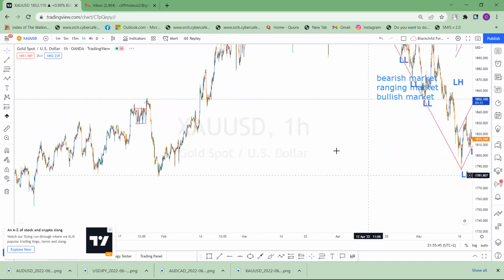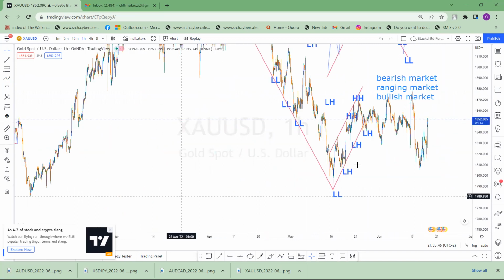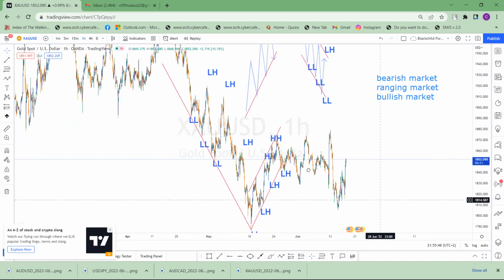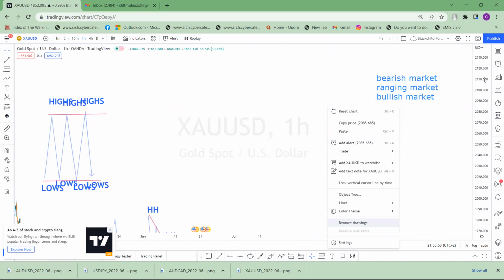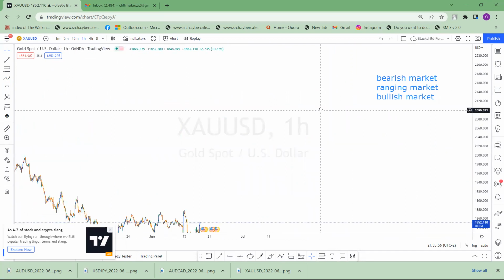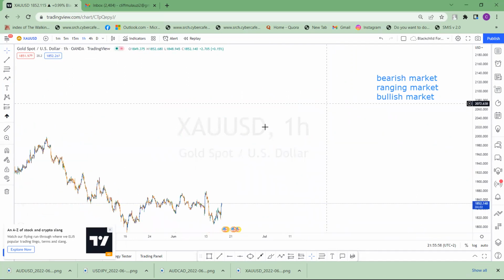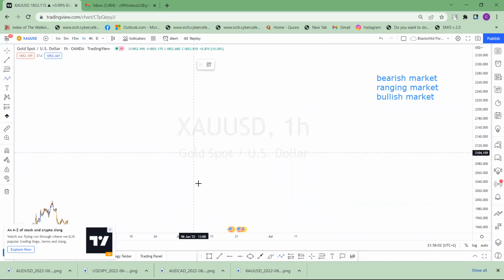Let's get back to the beginning. What you have to know is that the market, let me just draw this, goes up and then comes down, right?